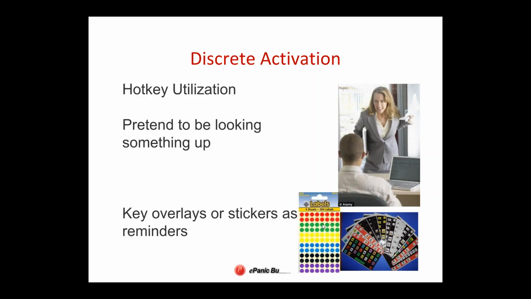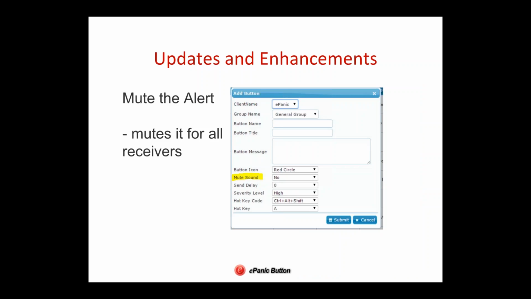These little dots are tiny, really just about half a centimeter across. They can be put in the corner of the two keys that you need to hit, and that way you'll know, hey, the two keys with the red stickers on them, that's what you press when you want to set it off. So that's just another tip to help people remember which hotkeys to press and how to discreetly set it off.